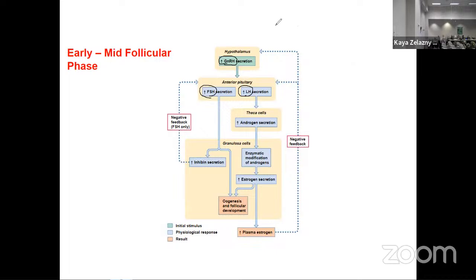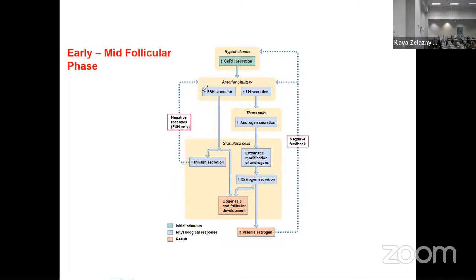So these hormones are going down to the ovaries. They're going different places, but essentially they're going to parts of that follicle. Two parts of that follicle are the theca cells and the granulosa cells. We have two things going on here, so we're going to track what's going on with the FSH on this side first. That FSH goes to our granulosa cells.